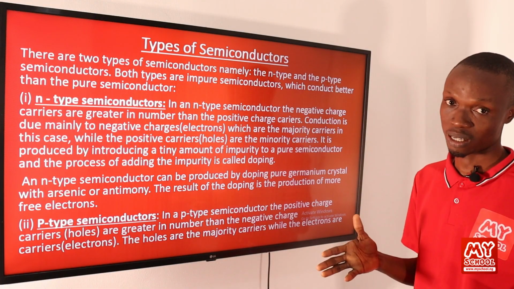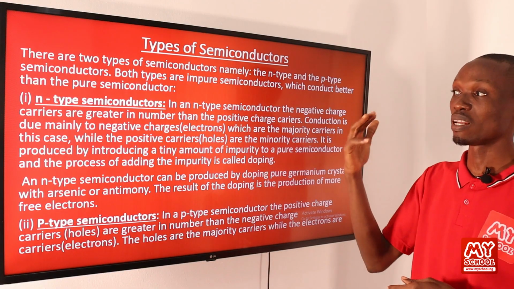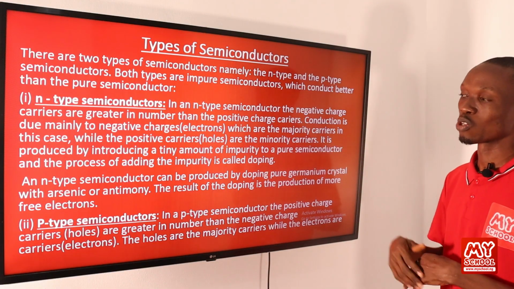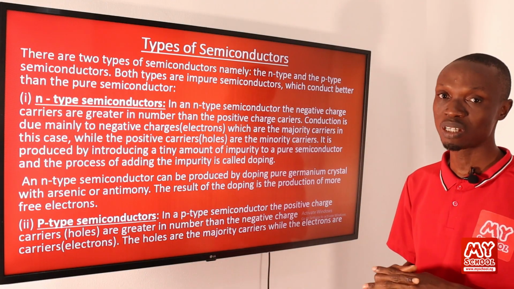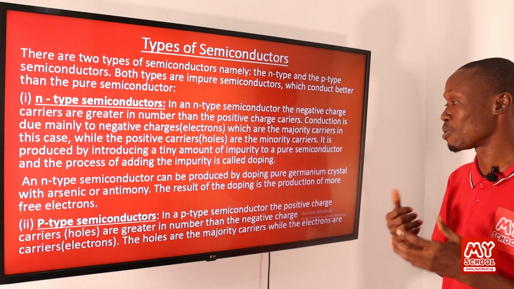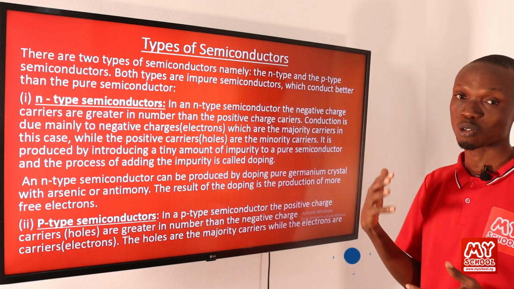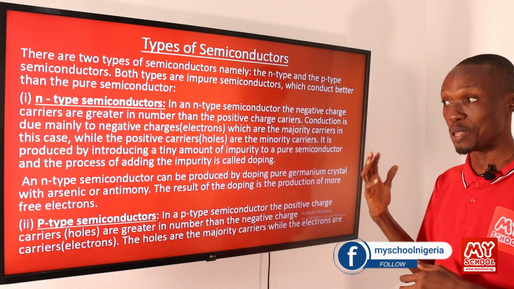While the positive carriers, that is the holes, are the minority carriers in the case of N-type semiconductor. This N-type semiconductor is produced by introducing a tiny amount of impurity to a pure semiconductor, and the process of adding the impurity is what is referred to as doping, okay?